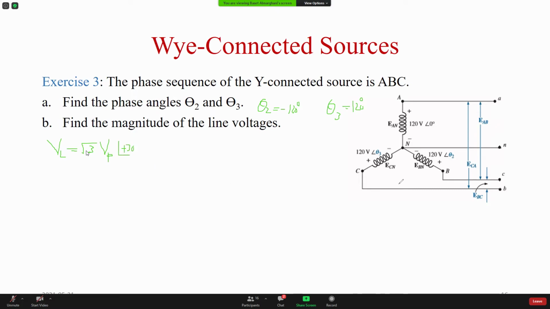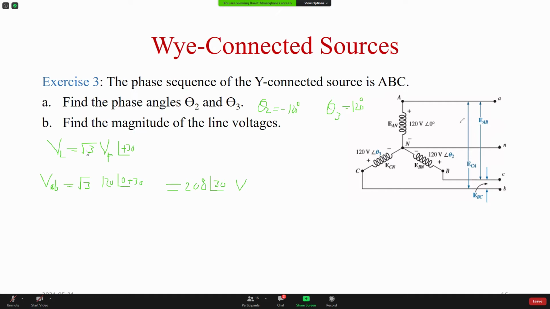So if I want the first line voltage, VAB, I'm going to take the first voltage, 120 angle 0, multiply it by square root of 3 and add 30 degrees. So this will be 208 angle 30 volt. So you take the phase voltage, you multiply it by square root of 3 and you add 30 to the angle.